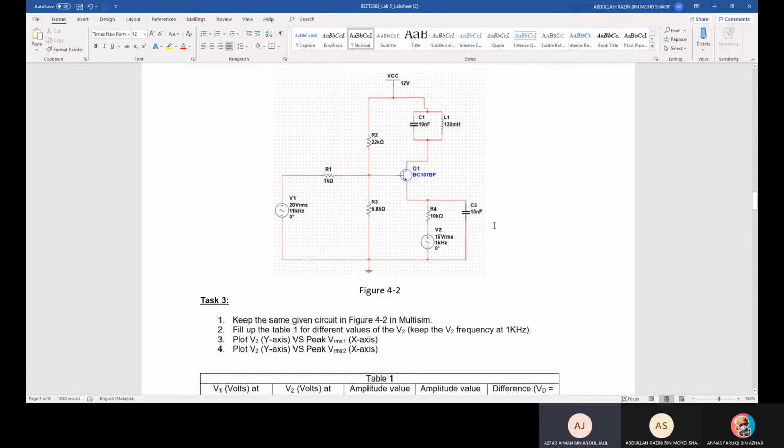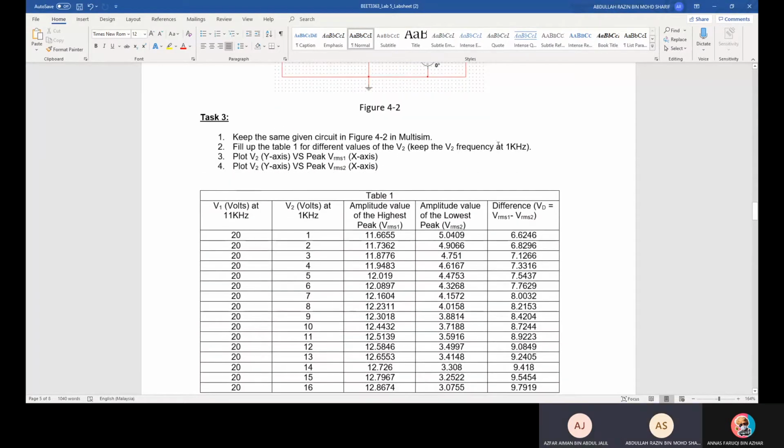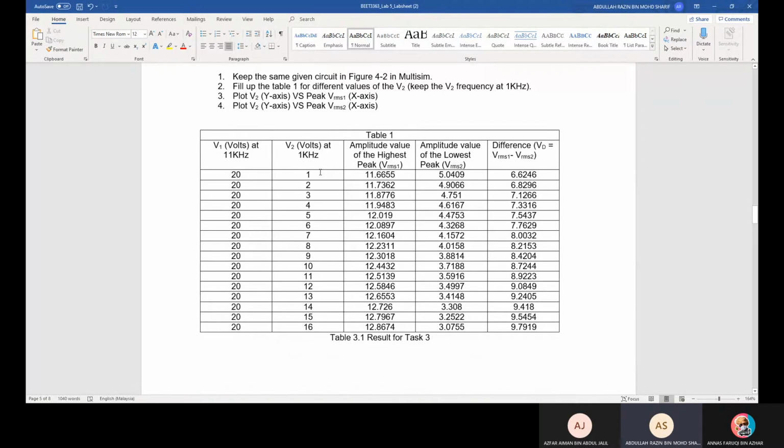So the next task will be explained by Mr. Razin. Okay, good day, sir. I'm going to talk about task 3. For task 3, we change the value of the voltage for V2 from 1 volt until 16 volt. So this is the result that we get. This is for VRMS1, the highest peak, and VRMS2, the lowest peak of amplitude.